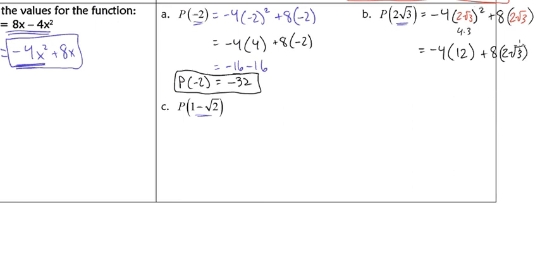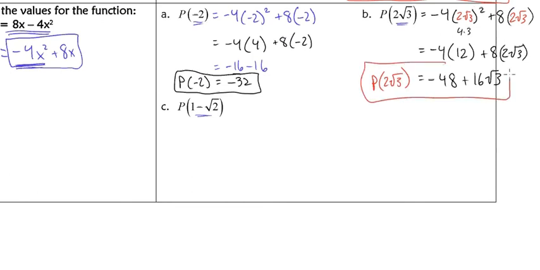Move on to multiplication, and we've got -48 plus 16 root 3. And that's going to be our answer. That doesn't simplify out at all. So p of 2 root 3 is equal to -48 plus 16 root 3.